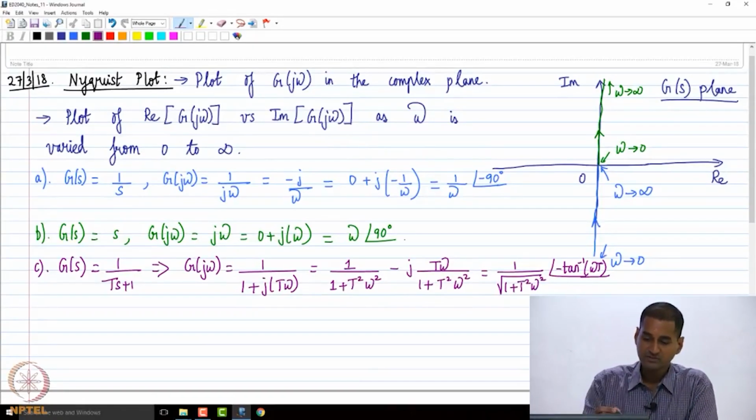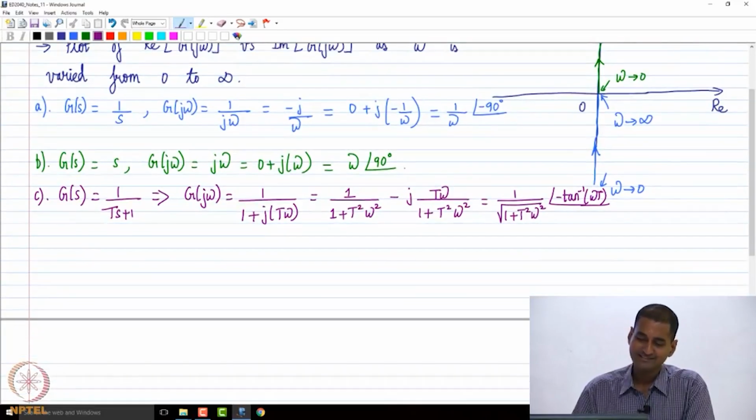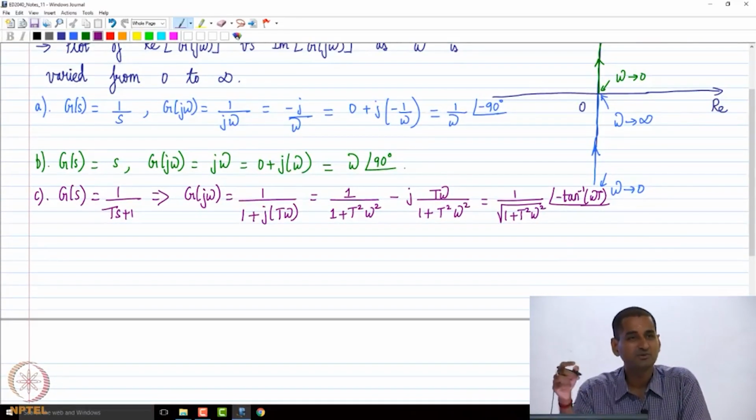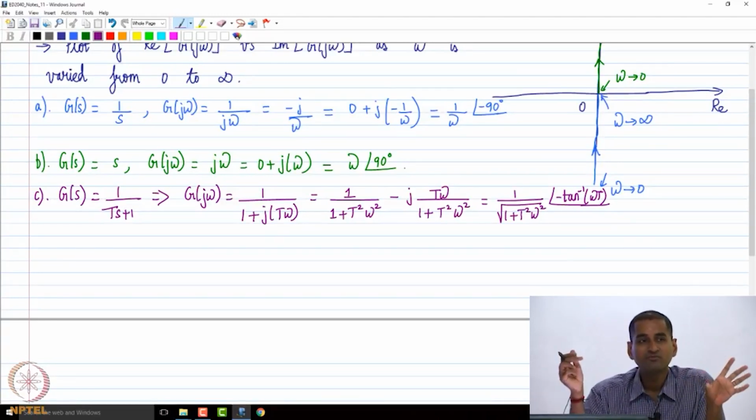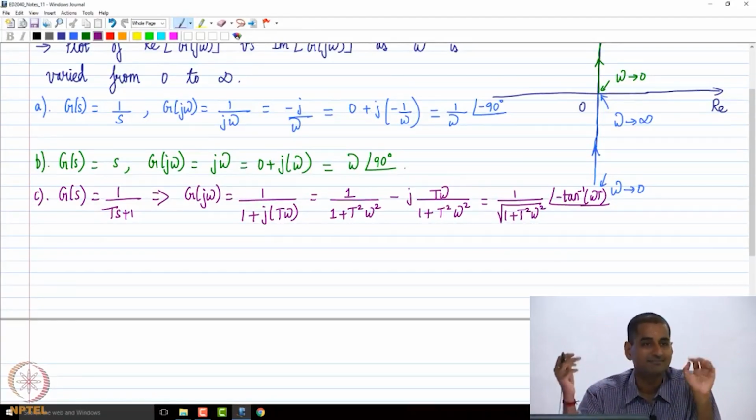Is it clear? Now I'm going to help you with something which is good practice in plotting Nyquist plots. As opposed to a Bode diagram, when you want to plot the Nyquist plot of a general transfer function, it's a little bit more challenging. In the Bode plot, you give me any transfer function, I break it down into individual blocks, plot the magnitude and phase of the individual blocks, add them, that is it.